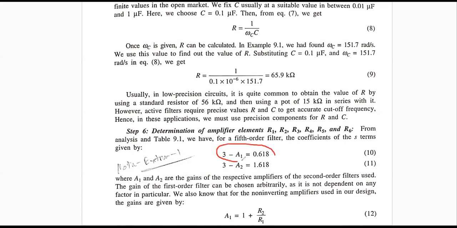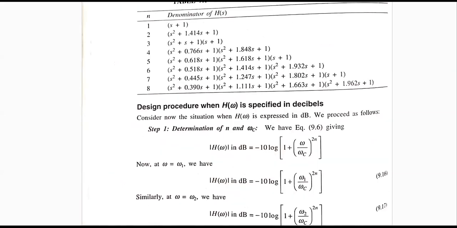How did we get this one? 3 minus amplification gain is equal to 0.618. So how did we find this? If I concentrate on this fifth order filter, this is the second order filter part, where this is the gain part of the system.